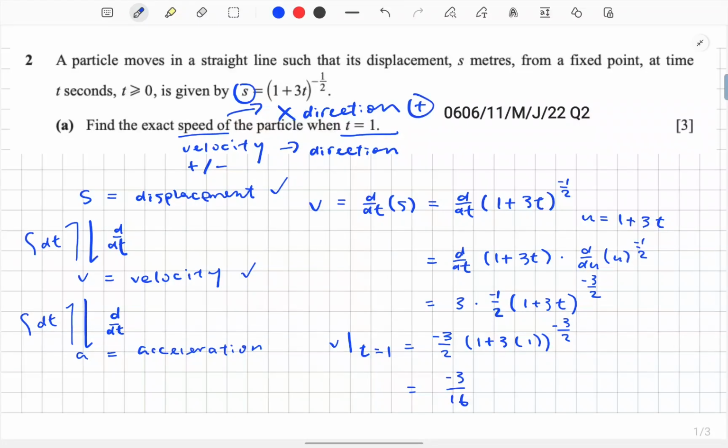In this case, we have to make our value positive. We can put an absolute value around it and make it a positive 3/16. And this is our final answer.